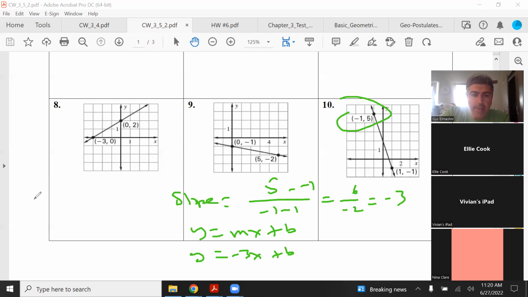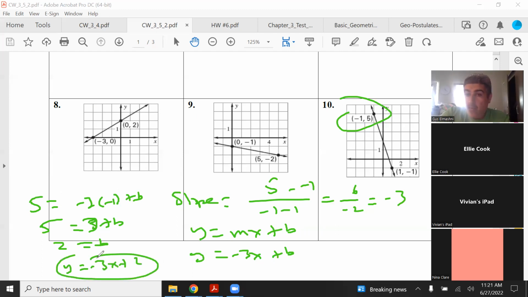Plug that in for x and y. So you can also do it that way as well to solve for b. And I'm recording this, so you guys have a chance to watch again if you need to.